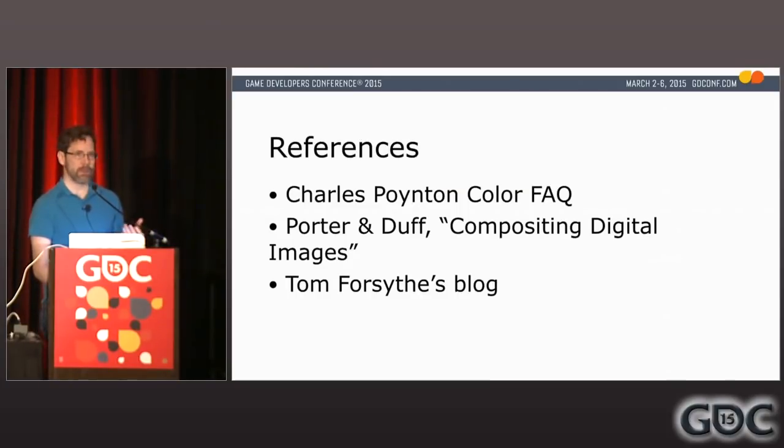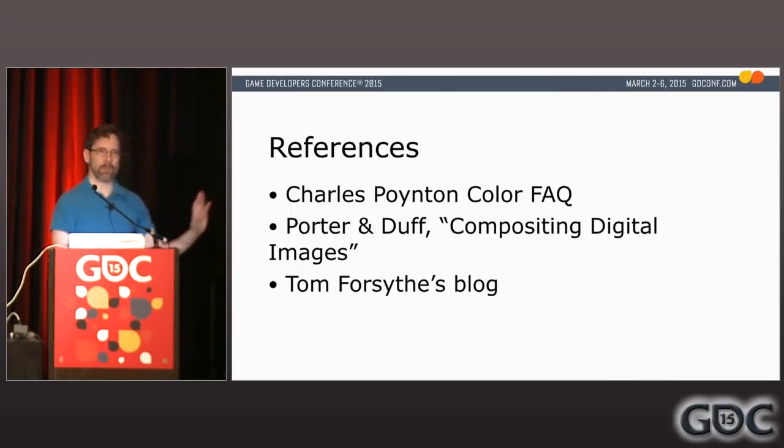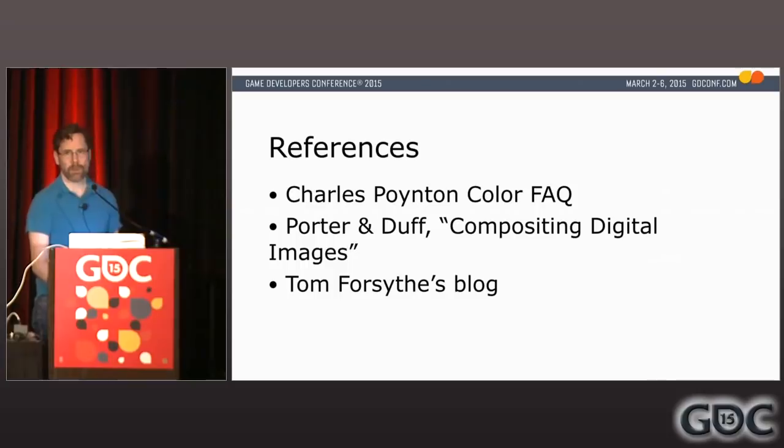Here are some quick references if you're interested in more about color spaces, gamma, luminance and standards. Charles Poynton has a color FAQ out there. Search for Charles Poynton and color and you'll find all sorts of interesting things. The paper that introduced alpha is by Porter and Duff, and it's called Compositing Digital Images.